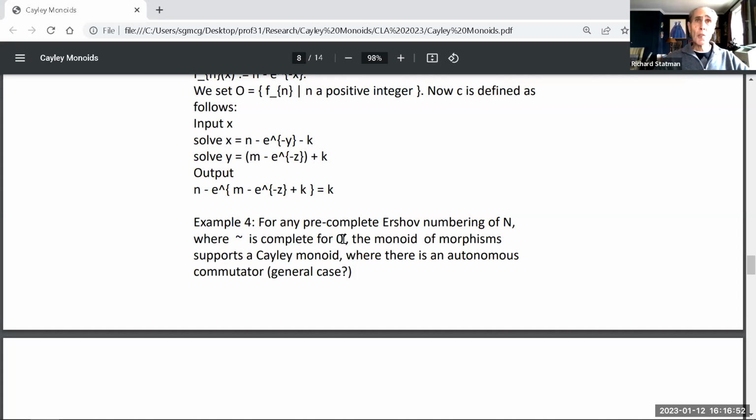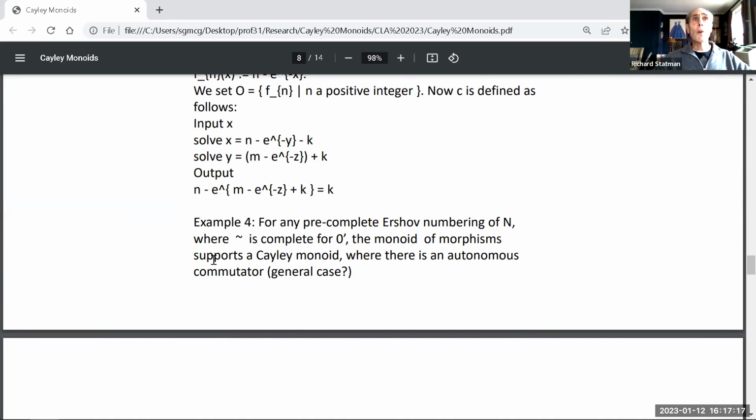I knew something about some particular ones. So I need to make this condition in the example, even though I'm not sure whether it's necessary. For all I know, there are pre-complete Ershov numberings of every RE degree. I just don't know that. And maybe somebody does, so that's question number one.